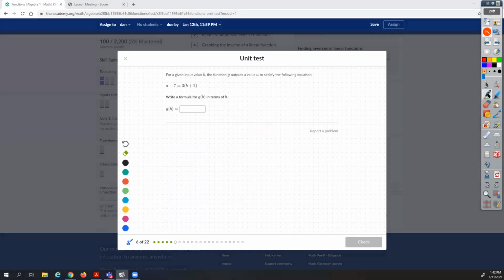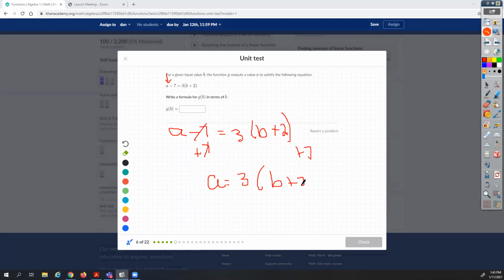All right, let's try this again. So, solve for a. A minus 7 is equal to 3 parentheses b plus 2. Add 7, and the 7 cancels out. A is equal to 3 parentheses b plus 2 close parentheses plus 7.